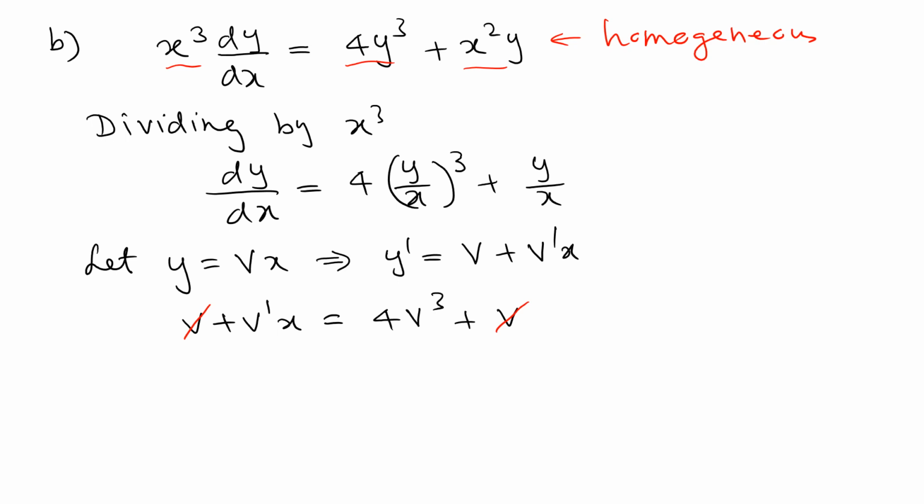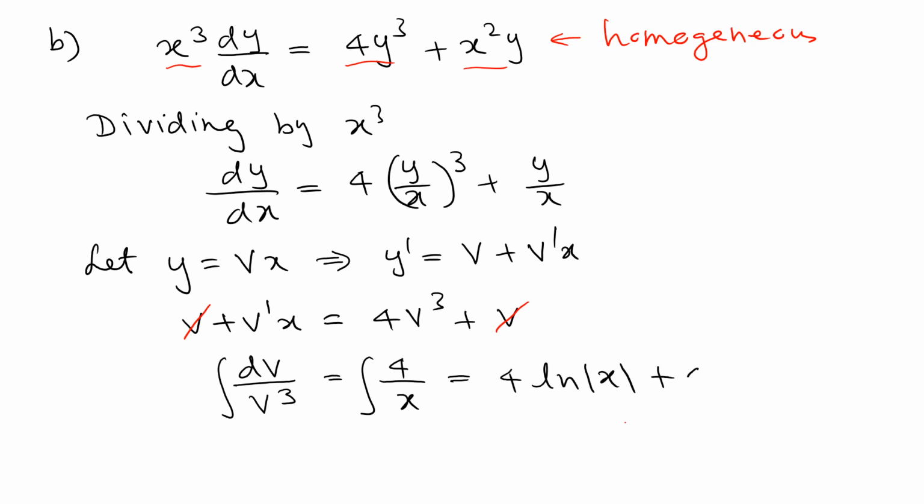Then you can see that what we have is a separable equation, so we can separate the rest. When you separate the terms, we get this, because we can write v prime as dv over dx, and then we can integrate both sides, and you can see this is easy to integrate. So when you integrate on the right side, you're going to get 4 ln absolute x plus c.